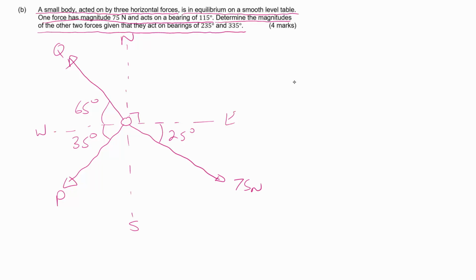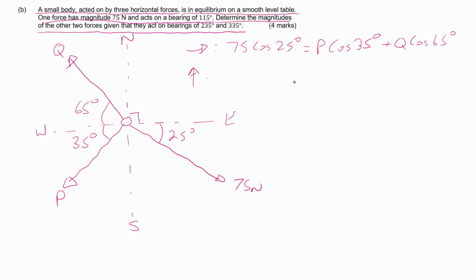So if we resolve our forces horizontally, then 75 cos 25 degrees acts east. That must be equal to the forces acting west, which is P cos 35 degrees and Q cos 65 degrees.